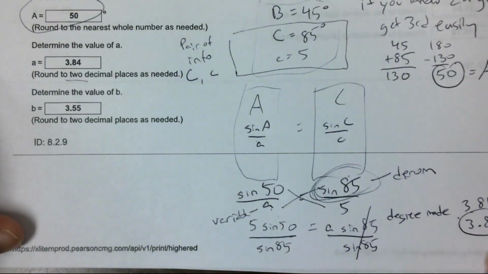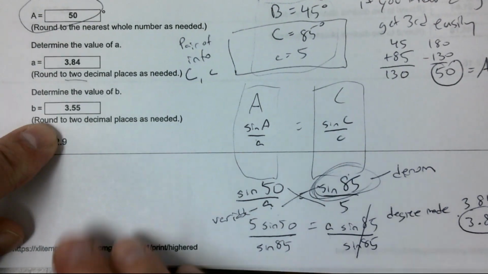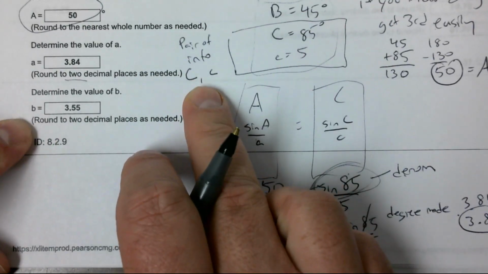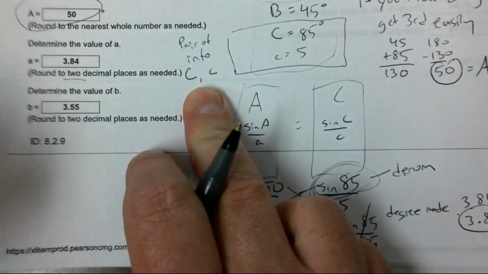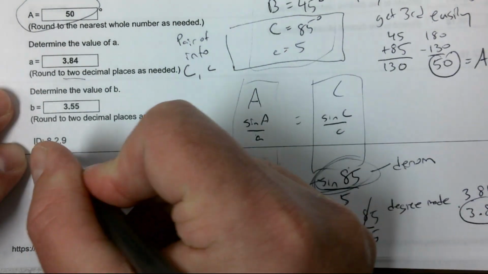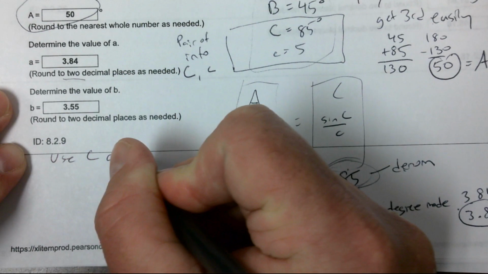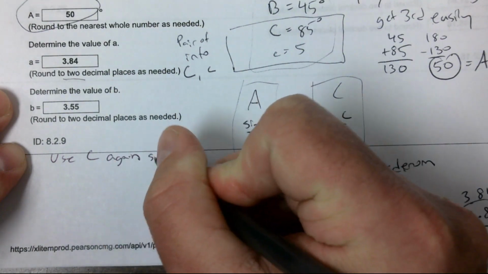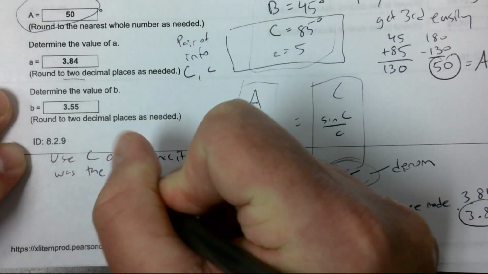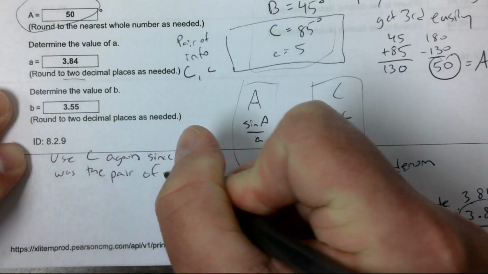And now we need to do the B's. Well, here's a hint. Use your pair of information again, because otherwise you may be off by 0.01 and then get upset. So use your C again, since it was the pair of info.